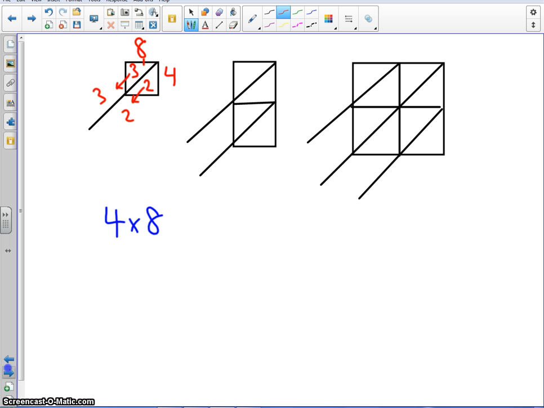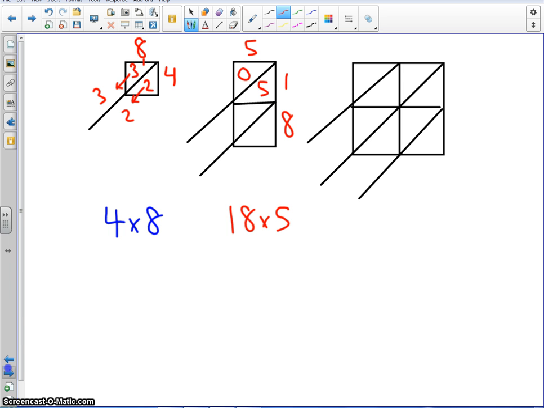But when you get to larger numbers, let's do 18 times 5. Well, I put my 5 up here because I have one box across and two down, 18. So 5 times 1 is 5. So I have 0 tens and 5 ones.